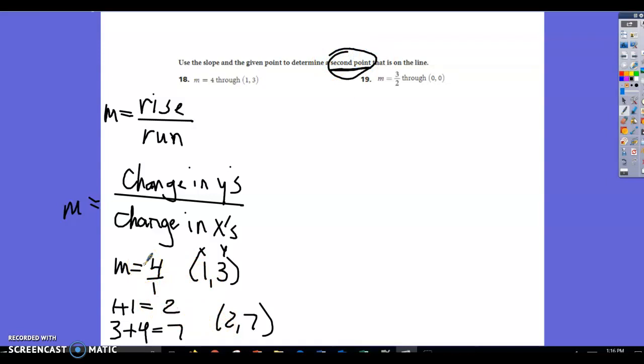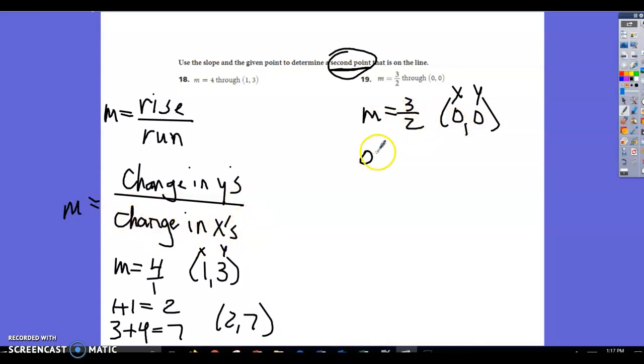All right, so let's do the same thing with this one here. We're given a slope of 3/2 and a point of 0, 0. So this is my x and this is my y. So that's my first point. So I'm going to take my x and my change in x. Okay, change in x's are on the bottom.